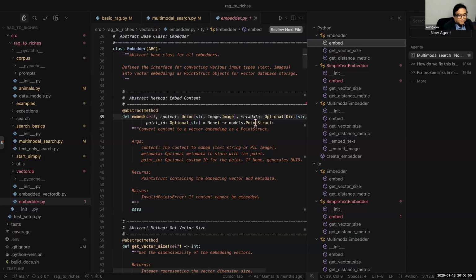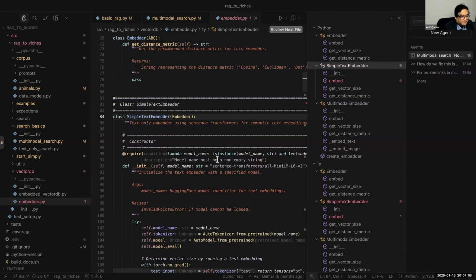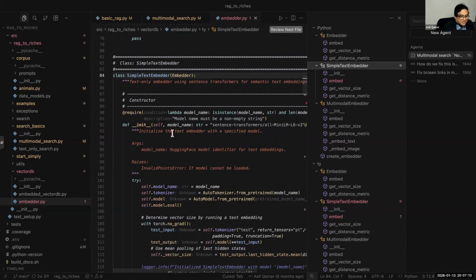It should return a point structure, which is basically vector with its payload. Now, there are two kinds of embedders you need: simple text embedder or image embedder, multimodal embedder that can embed anything. Let's look at a simple text embedder. So, what should the simple text embedder look like?